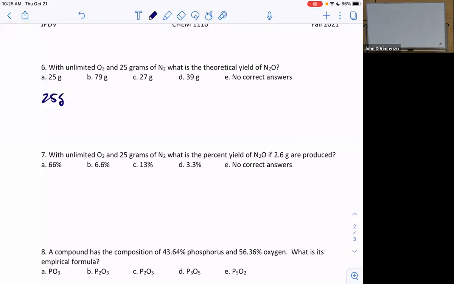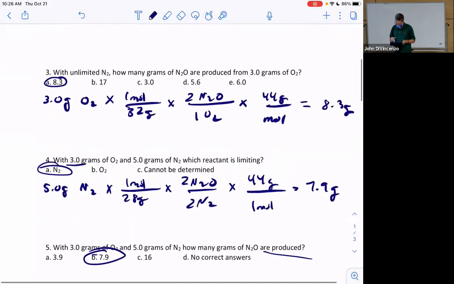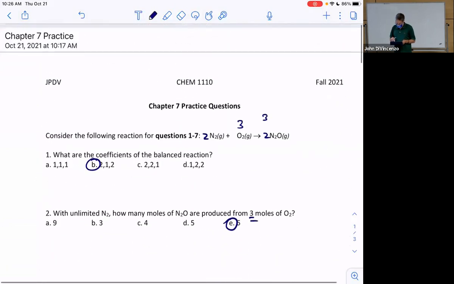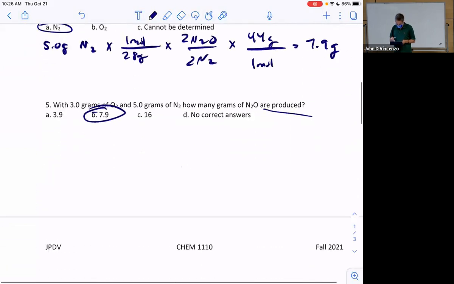25 grams. We've got unlimited O2 and 25 grams of N2 times 1 mole per 28 grams, times moles of N2O. So 2 moles of N2O for every 2 moles of N2, right?